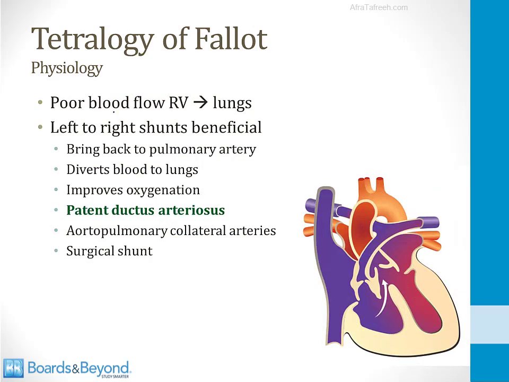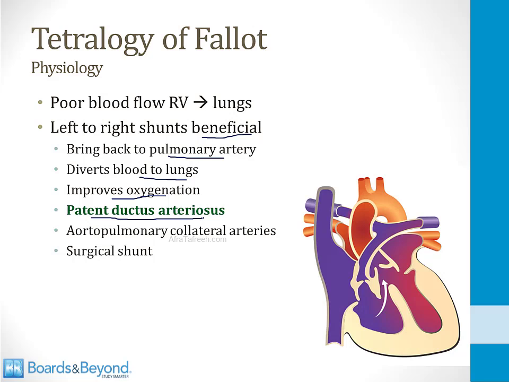Because there is poor blood flow from the right ventricle to the lungs, some left to right shunts are beneficial. Any left to right shunt that brings blood back to the pulmonary artery will divert blood flow to the lungs and improve oxygenation. So for example, babies with tetralogy of Fallot who have a patent ductus arteriosus are helped greatly by that shunt because it delivers blood flow to the lungs and bypasses the infundibular stenosis.